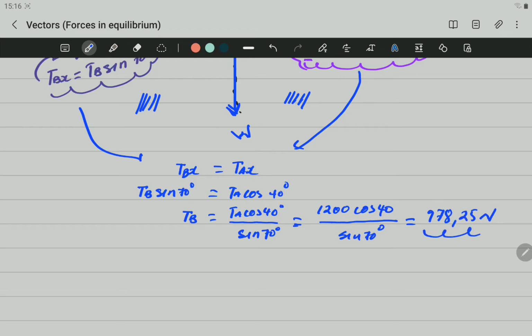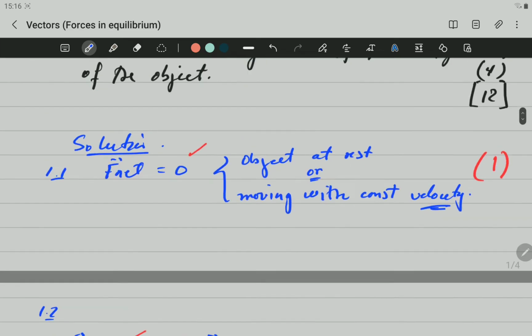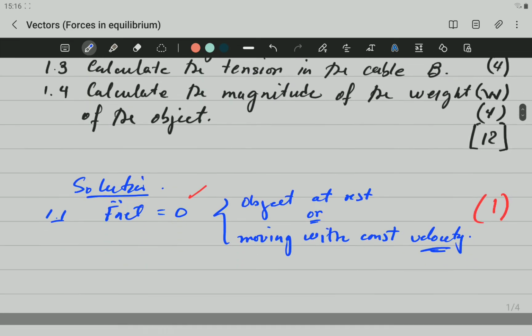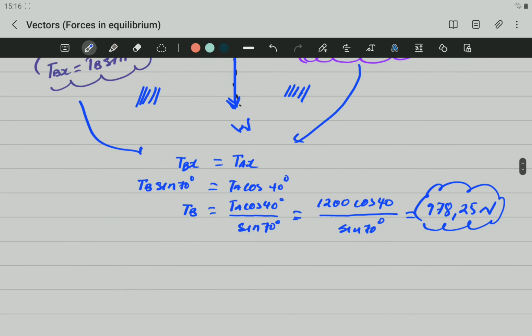Please note you can redo all the calculations. This question has 4 marks. So we're going to give 1 mark for equating them, you need to know that everything on the left hand side is equal to everything on the right hand side. 1 mark for the substitution here, 1 mark for the substitution there, and 1 mark for the final answer, and that is 4 marks.